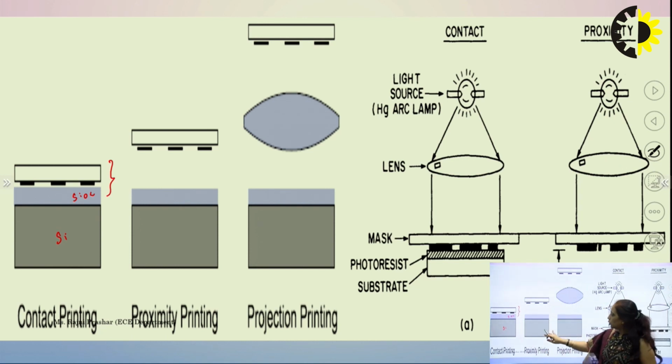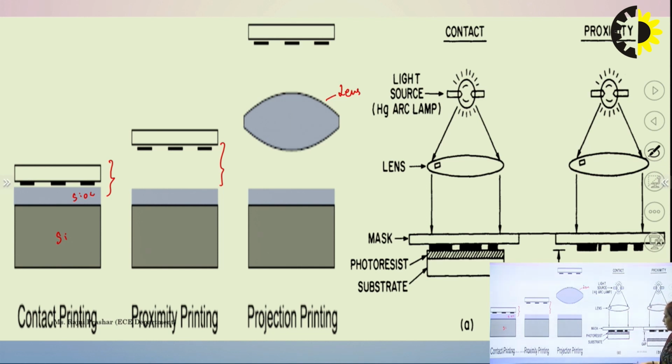In proximity printing, there is a certain distance between the mask and the PR material and the substrate, and in projection printing, we have the lens. This is the lens, right? Whatever pattern we have to draw will be projected with the help of this lens over this substrate, right?